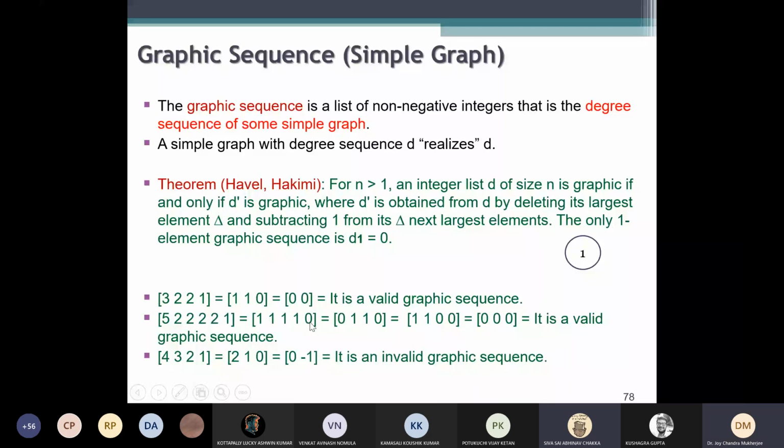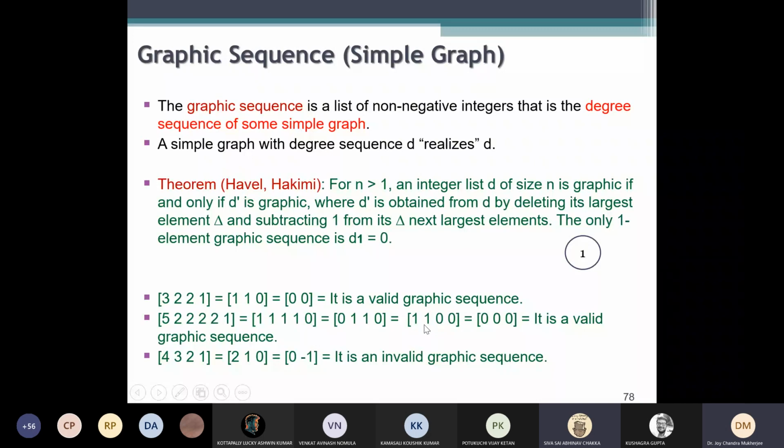Now you remove the 1 and subtract 1 from the next one, so 1 becomes 0. So we get 0, 1, 1, 0. Now we know that the sequence should be put in decreasing order, so 0, 1, 1, 0 can be written as 1, 1, 0, 0. That is from the definition.